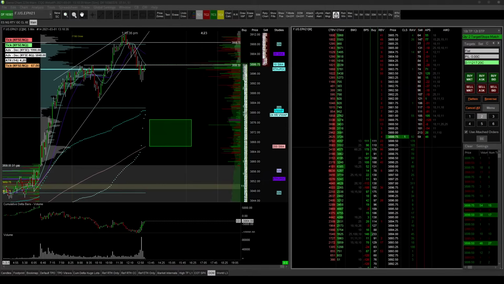But you have to realize that Sierra Chart is terrible for... well, I don't know, it depends who you ask, but Sierra Chart does not have a good options setup for equities. They just don't. So no option chain or anything like that.